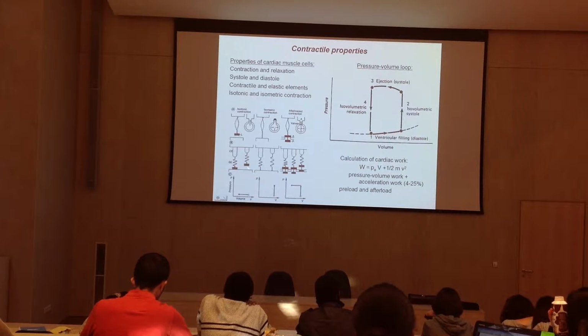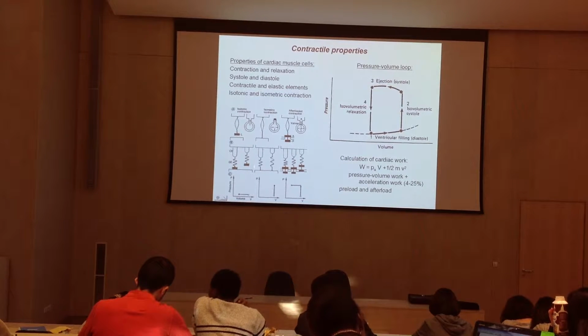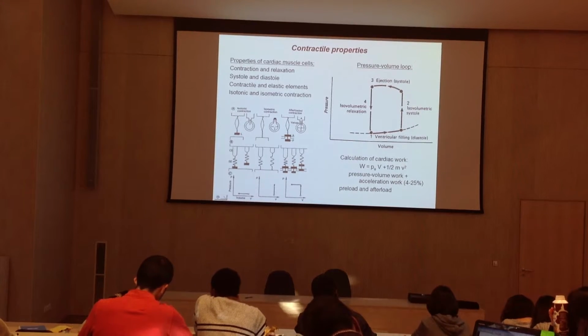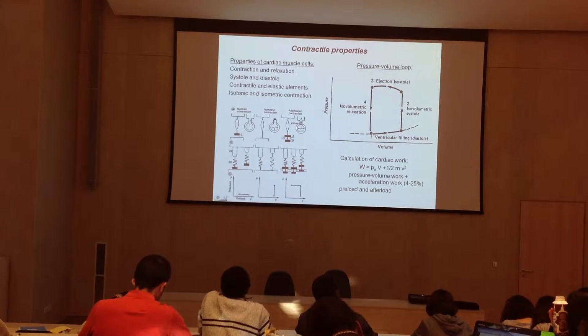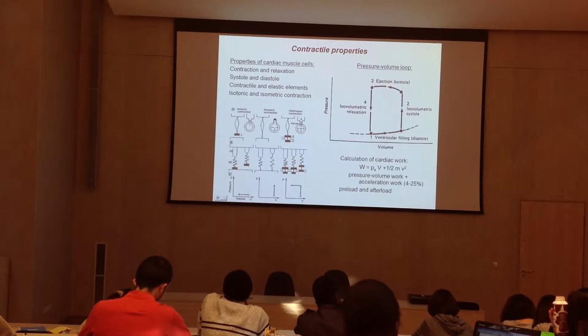Therefore, the muscle fibers can shorten, and the length of the elastic elements will not change, because the tension in the fiber doesn't change. So there is simple contraction and shortening. This is the so-called isotonic contraction, where the strength doesn't change.